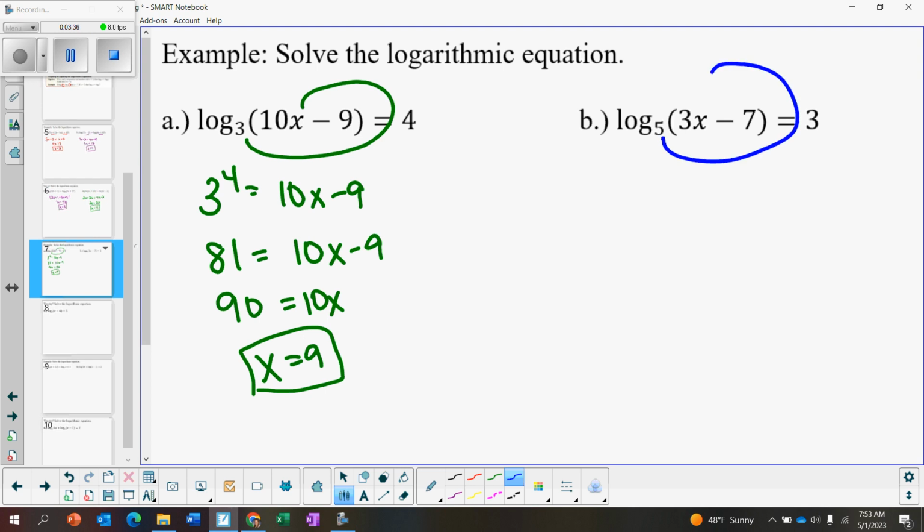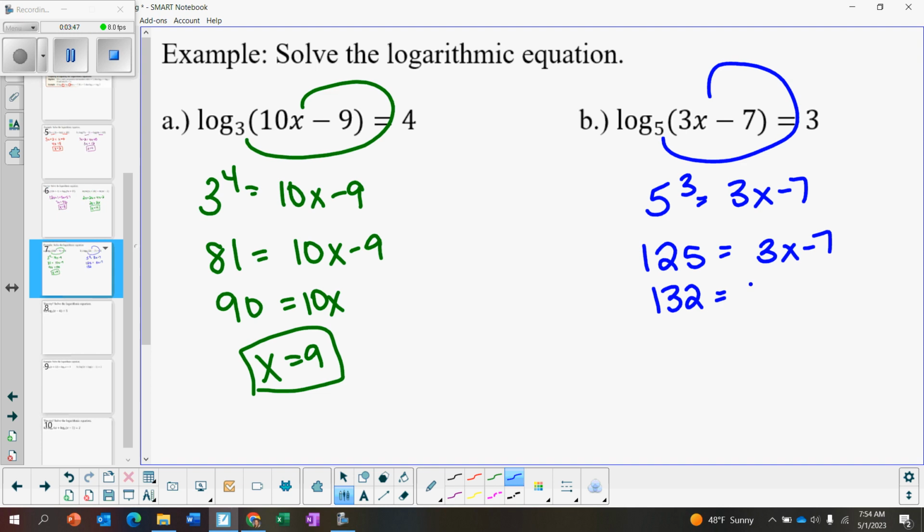All right, here we have 5 to the 3rd equals 3x minus 7. So that's 125 equals 3x minus 7. 3x is 132, and x is 44.